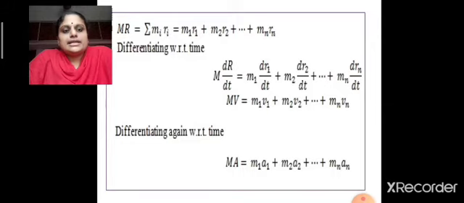Here dV by dt is replaced by capital A, where capital A represents the acceleration of the center of mass. dv1 by dt is equivalent to A1, where A1 is the acceleration of the first particle. Similarly, dv2 by dt is A2 and dvn by dt is An.